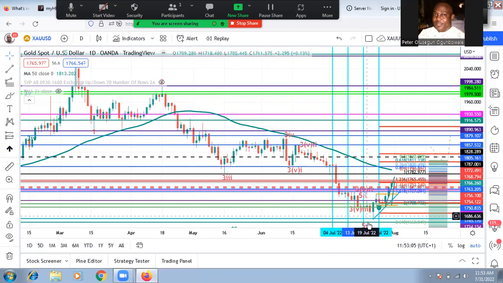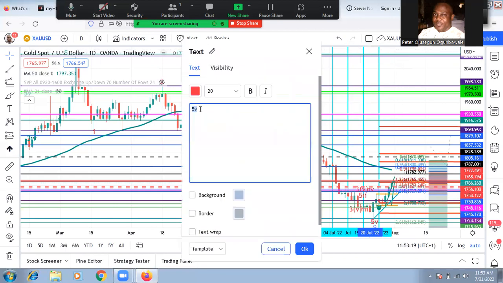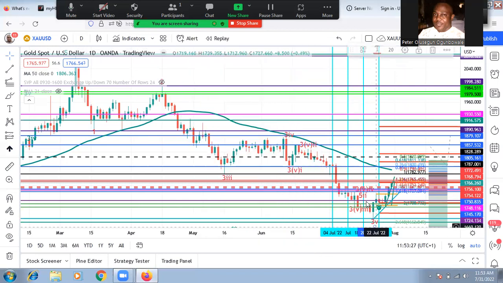And these may have finished a 3-5 completely now at this level. That is what it looks like.